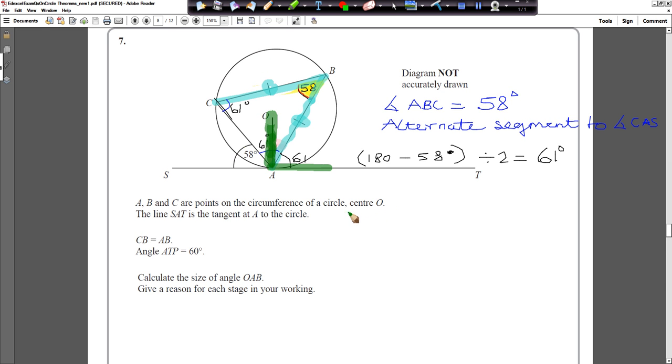So we say the angle between a tangent, and where's my tangent? My tangent is TA. So T to A, or even TS, between a tangent and, so I'm being very specific, a radius.